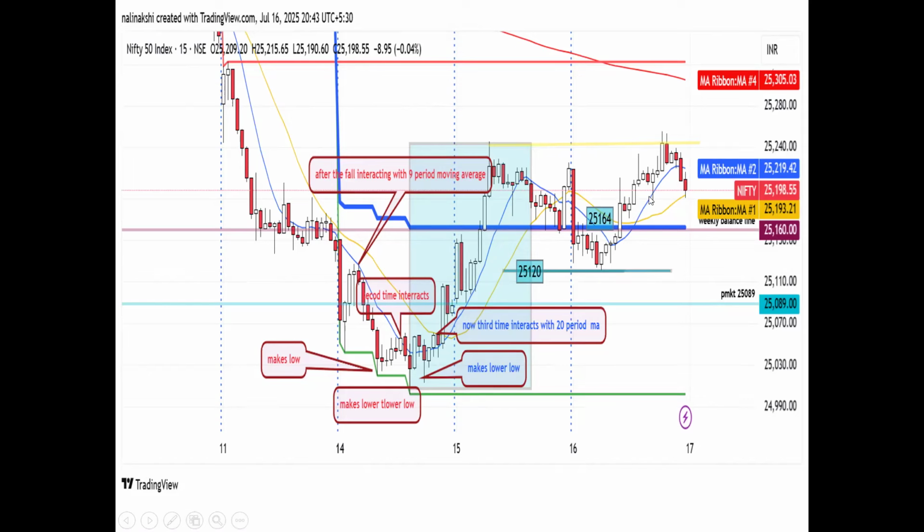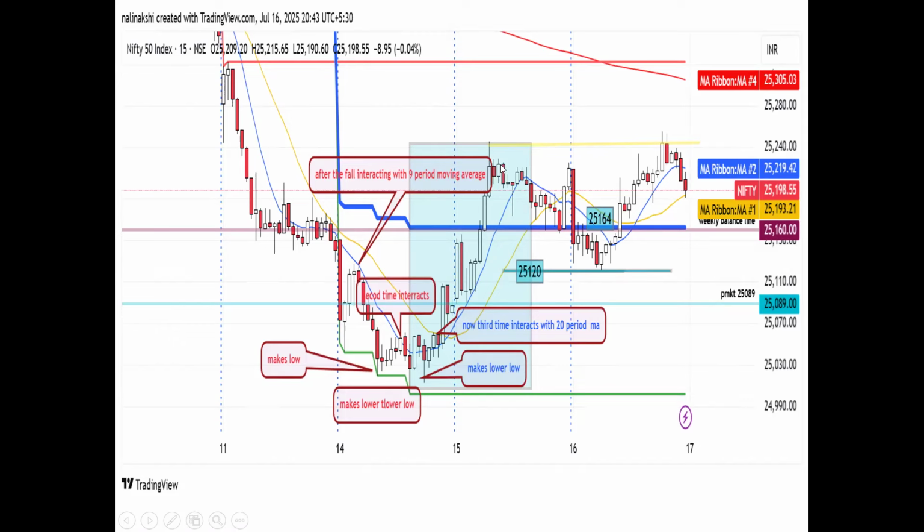And again it made a higher high, interacting with the 9-period moving average, and it got rejected at the same level, and price started moving inside, and then price closed interacting with the 20-period moving average.